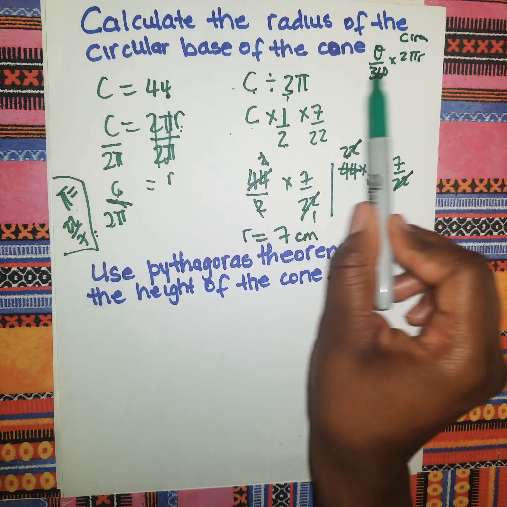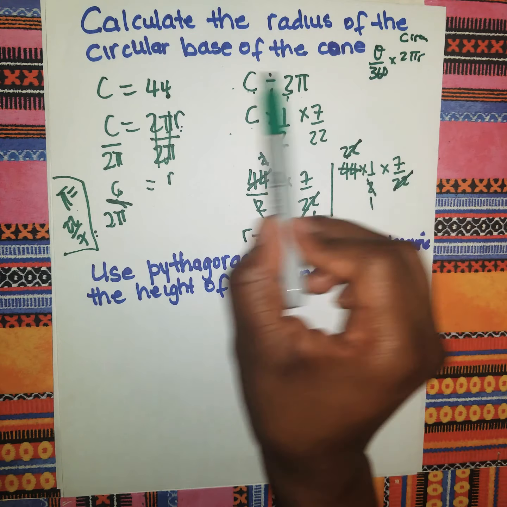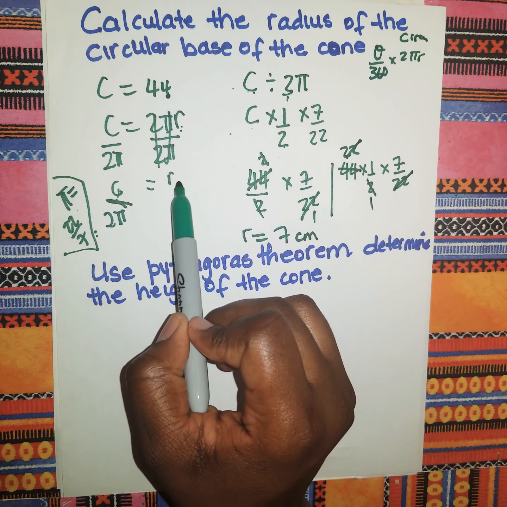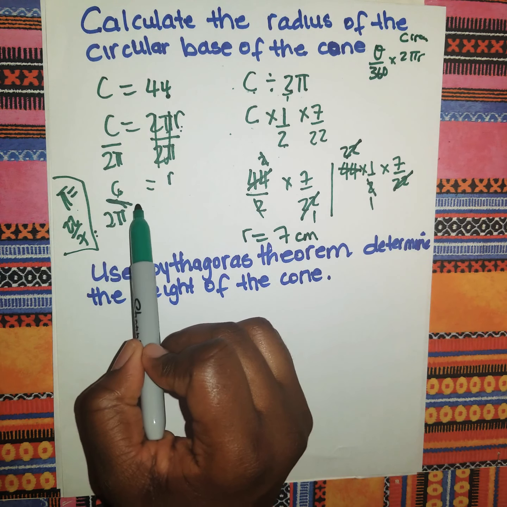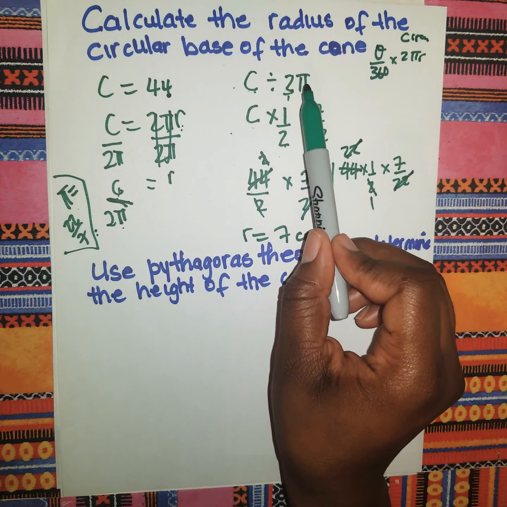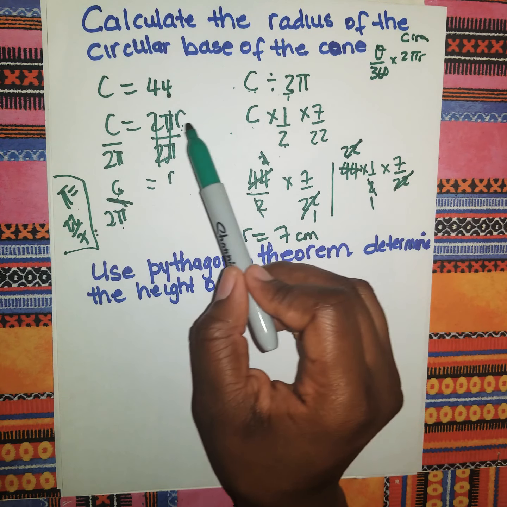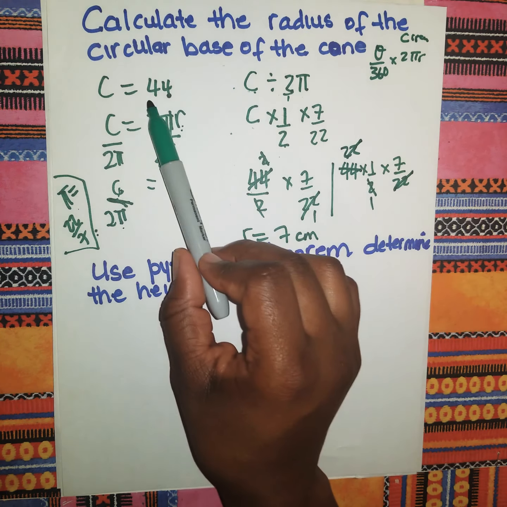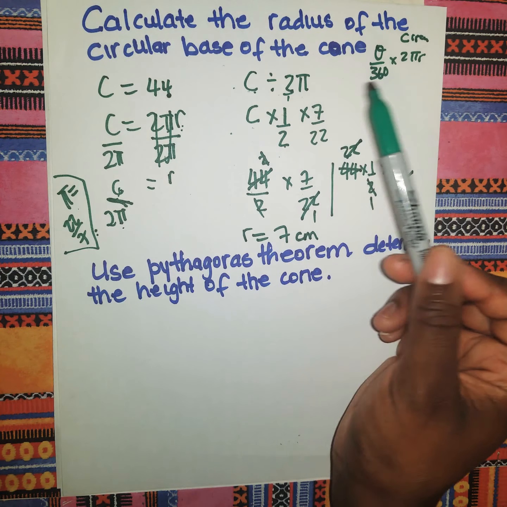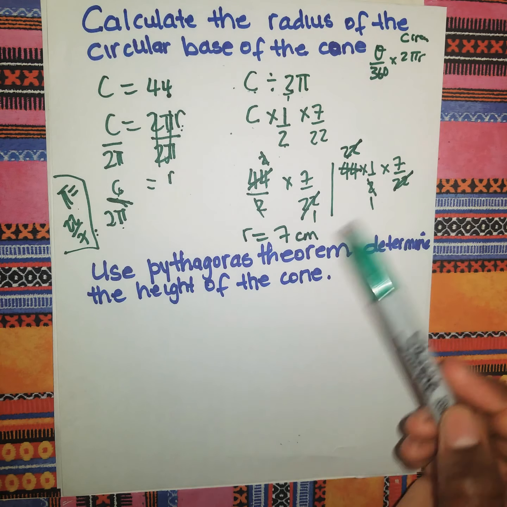So having the sector, you find the circumference of it to give you 44, and then you go ahead and make r the subject, which is c divided by 2 pi is equal to r. You put in what you know, where c is 44, pi is 22 over 7, and the 2 is the same. Then you go ahead and you simplify that part.